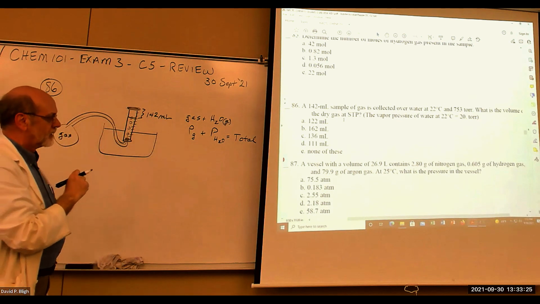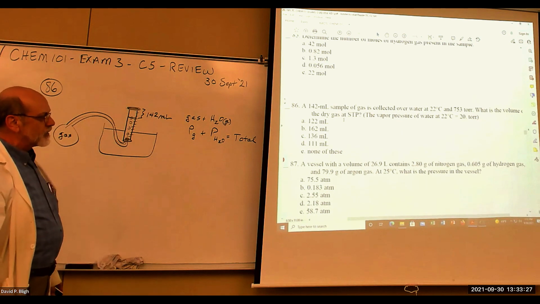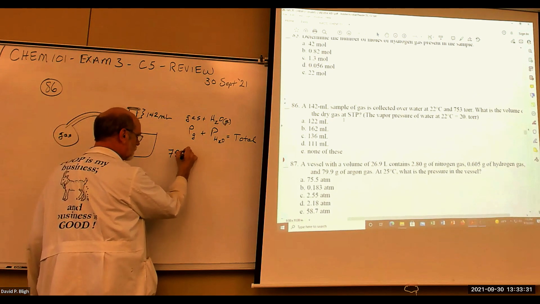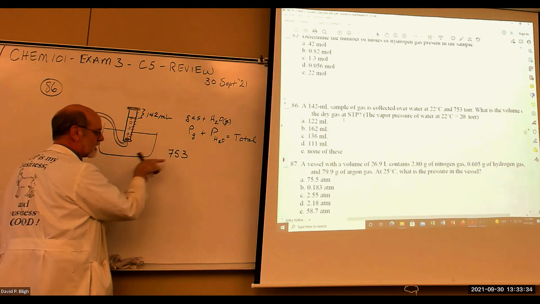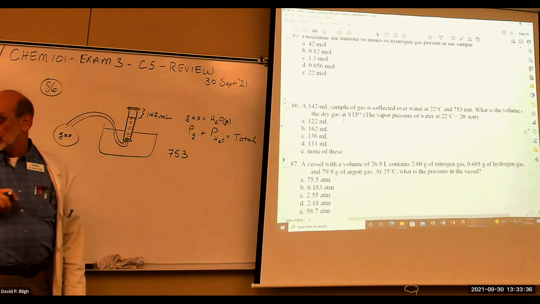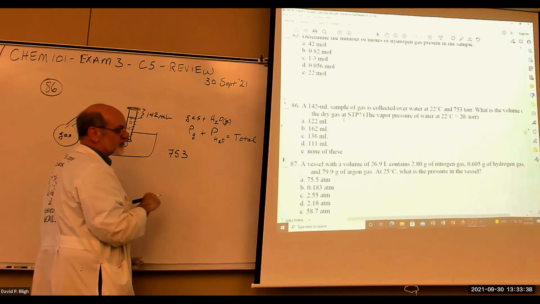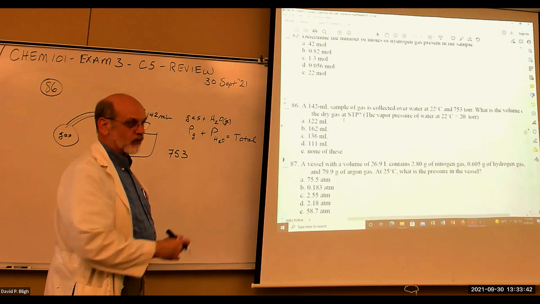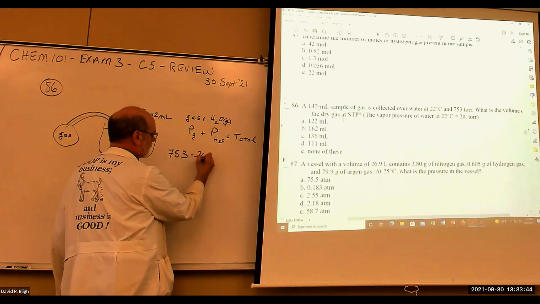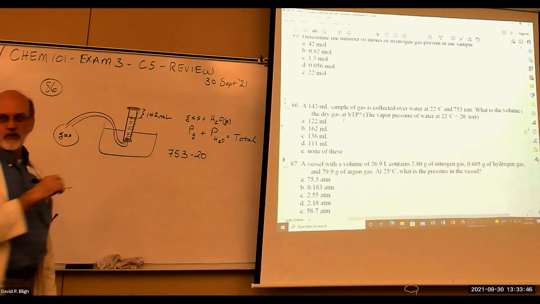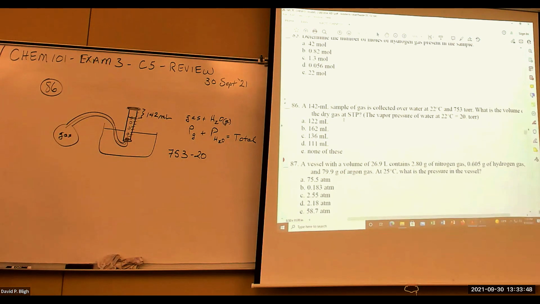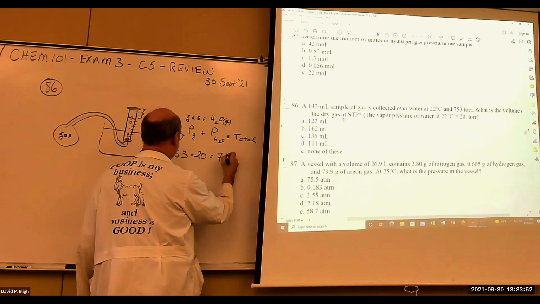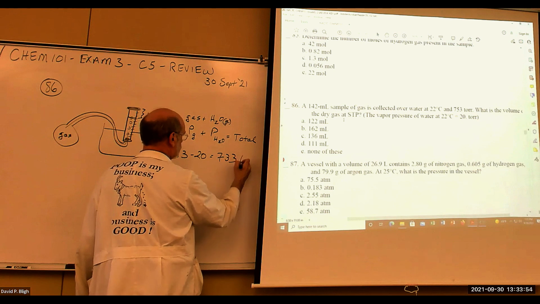So if the pressure is 753 torr total, the pressure of the gas is that subtract the water vapor. The pressure of water vapor at that temperature is 20 torr. Remember, torr is a millimeter of mercury, same thing. So here we have 733 torr.